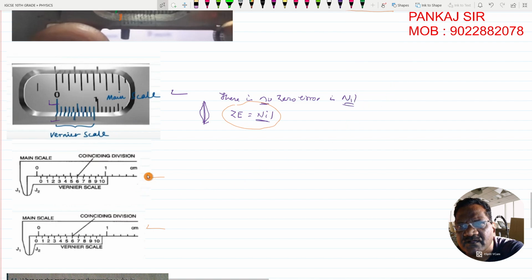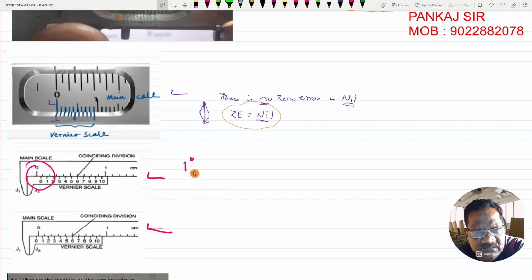Now, in these two diagrams, you can see that the main scale 0 is over here and the vernier scale 0 is to the right of this 0 of the main scale. So this is vernier scale 0 and this is your main scale 0.